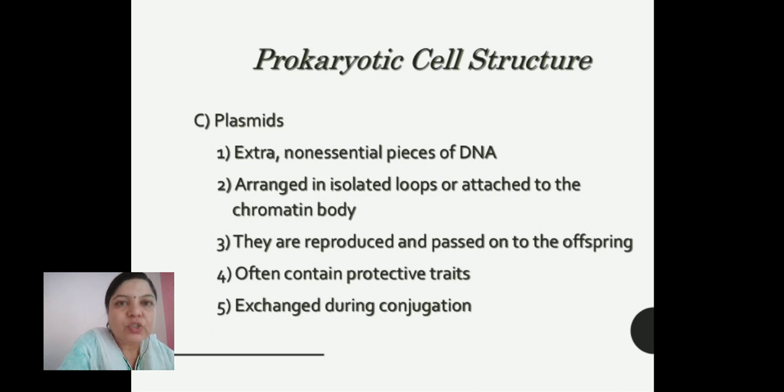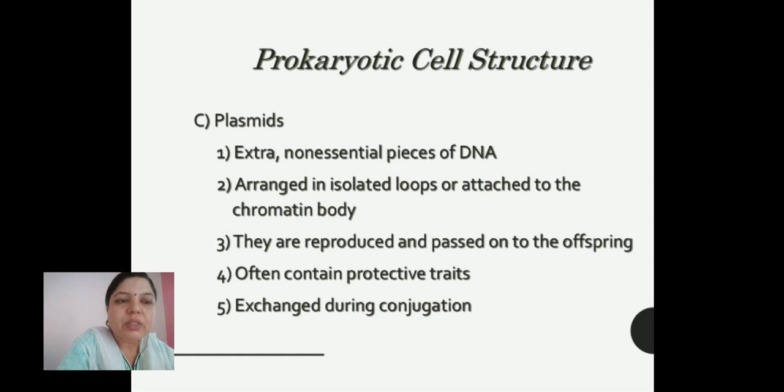So the pili-like structure that we have studied in the external appendages of the bacterial cell helps in forming the bridge between two bacterial cells. For example, the pili present on two different bacteria attach to each other.